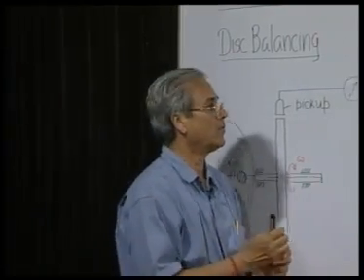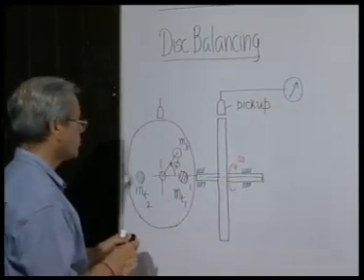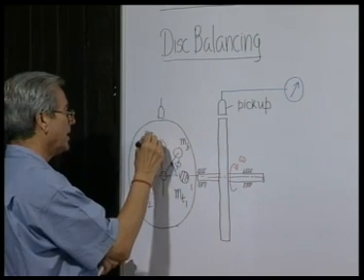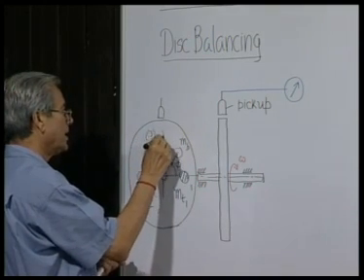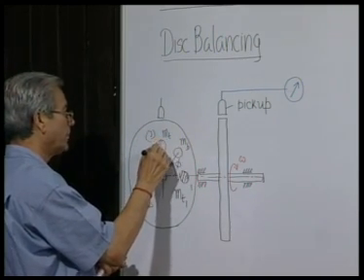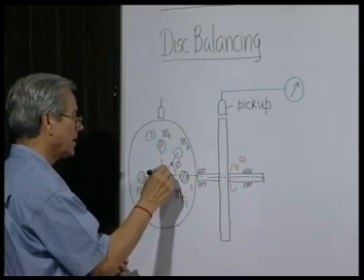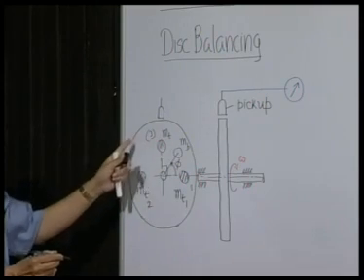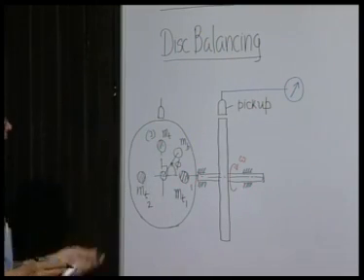To do that, what we propose is that we locate the trial mass and make a third attempt. The same trial mass we locate at a position which is at right angles to position 1 and position 2, like this, that means rotated by 90 degrees in the clockwise direction.